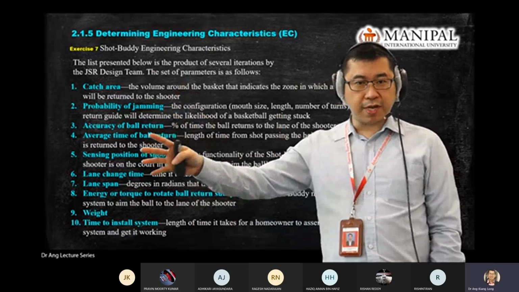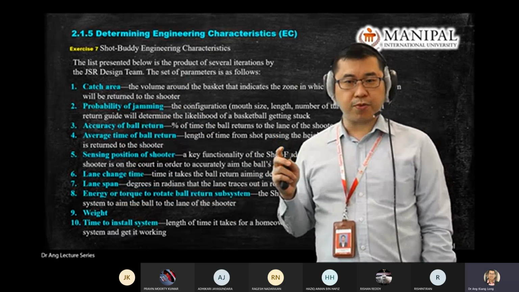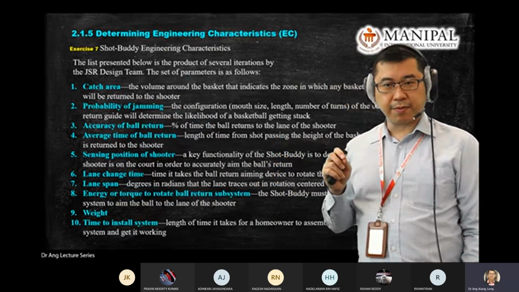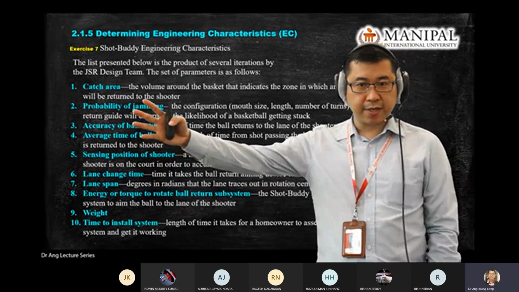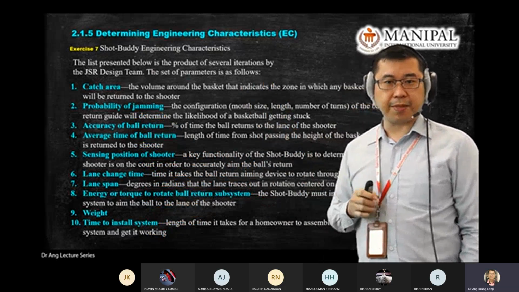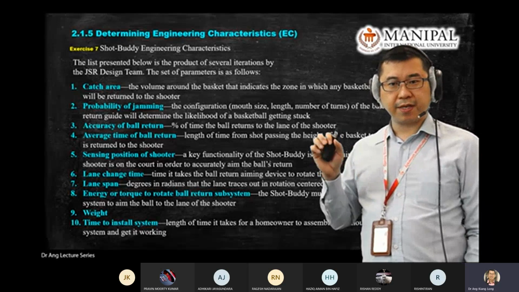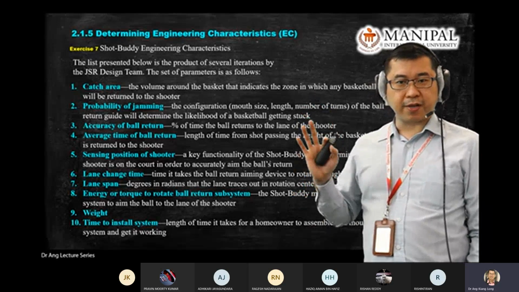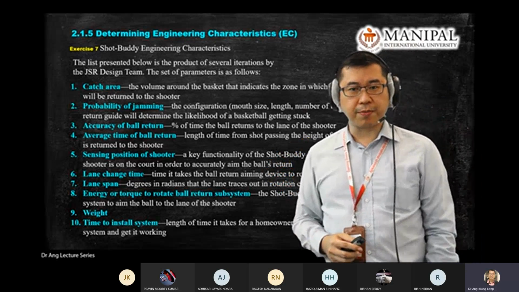But here you should look at some of the things that might help you when it comes to detailed design later on. So these are the engineering characteristics for the basketball robot. So you try to modify a little bit, take the principle that you learn, and switch it over to a go-kart project.